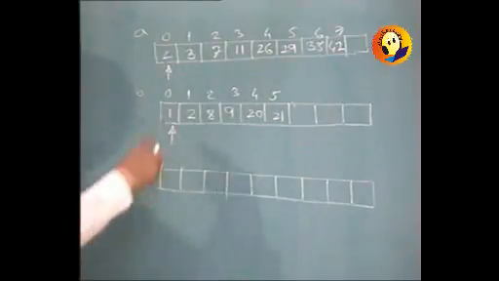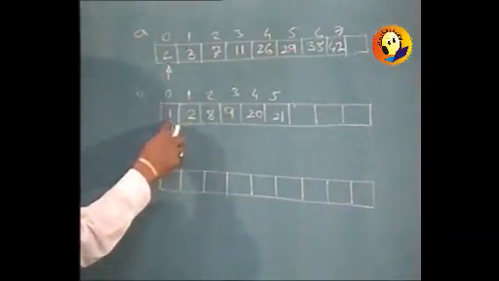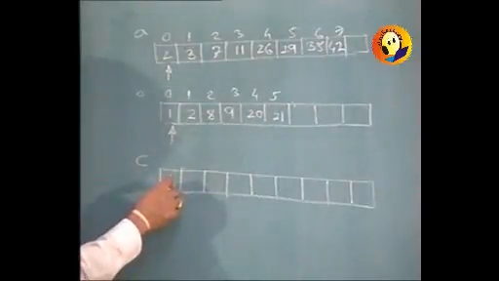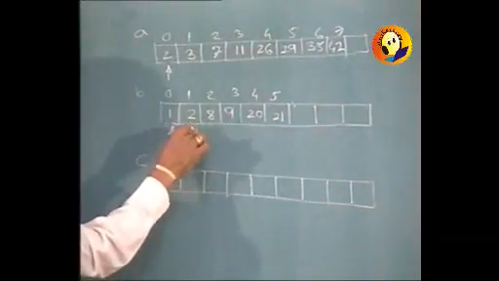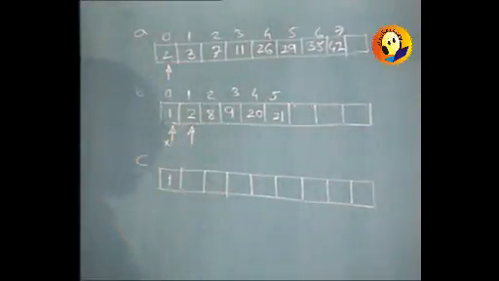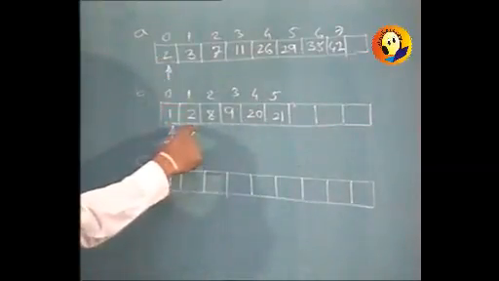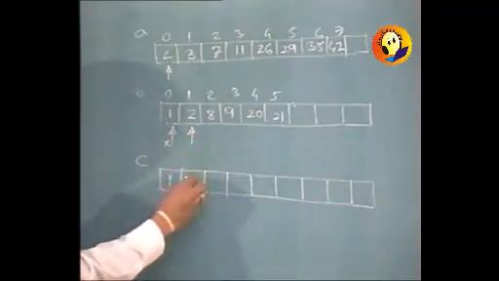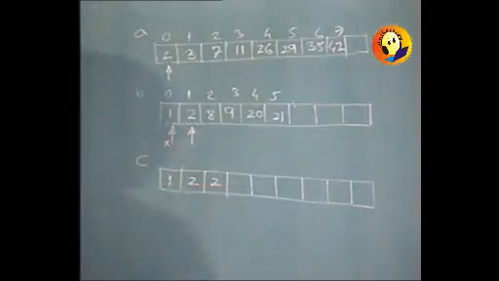So in this case, 2 and 1, 1 will be transferred to C, and we will go ahead in array B. Then it is 2 and 2. If they are equal, copy both of them one after the other and increment both.